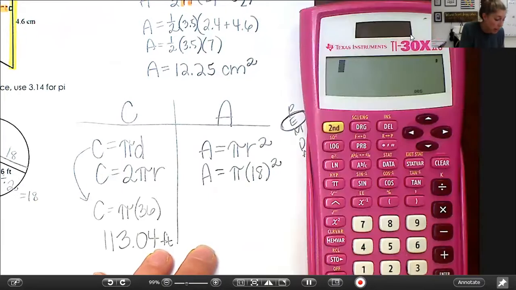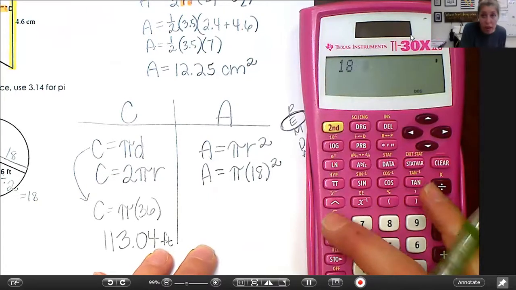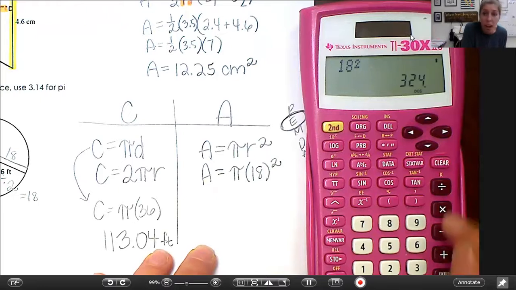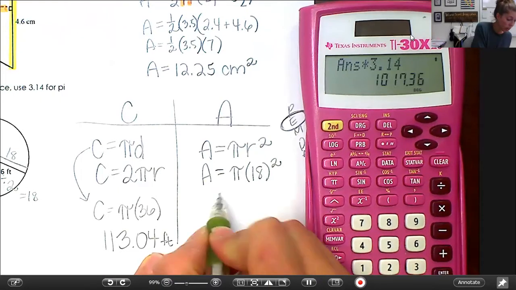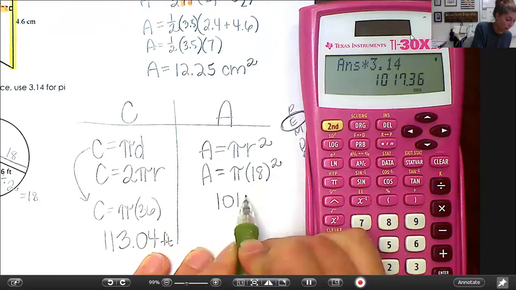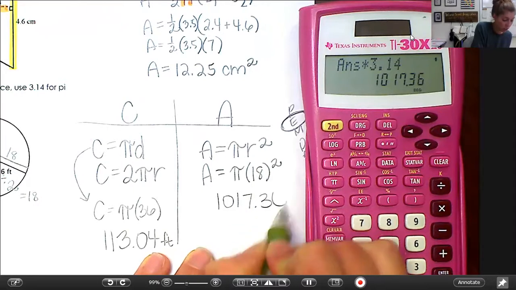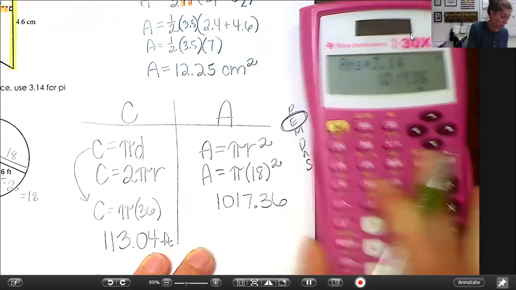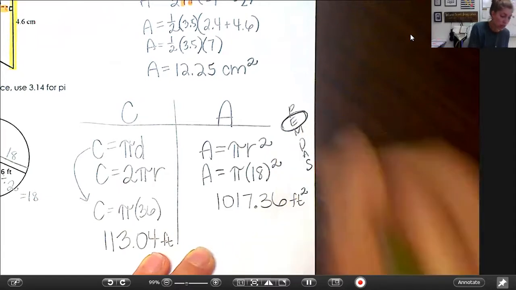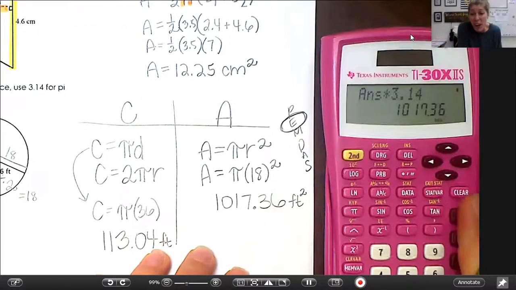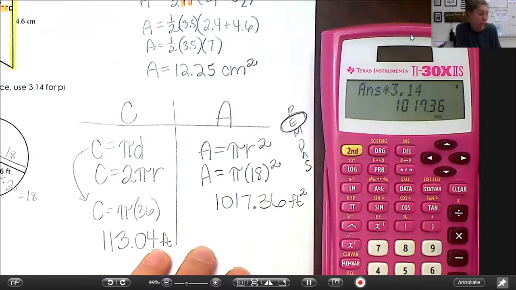You can use that, 18 squared. And then I'm going to multiply that by 3.14. Feet squared.